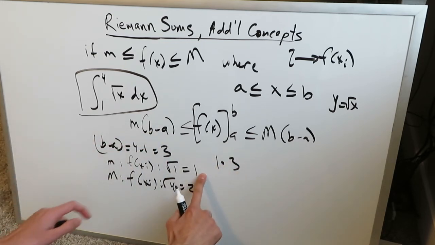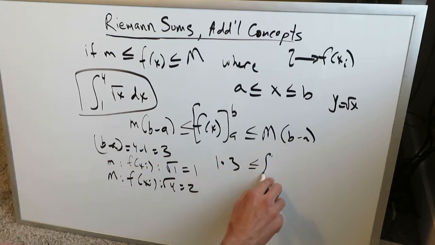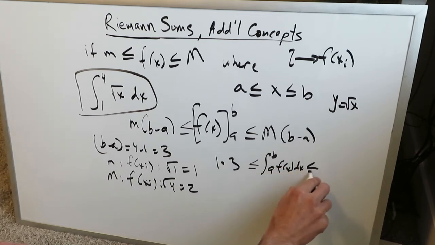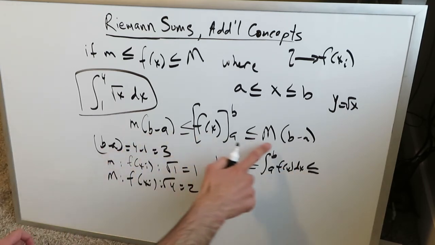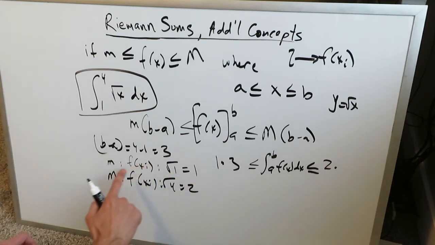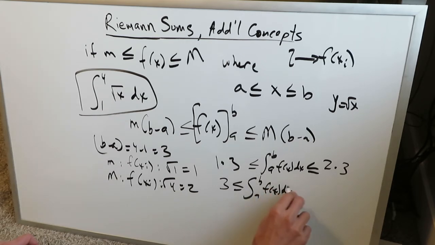This is your lowercase m times b minus a, 1 times 3, less than or equal to the integral from a to b of f of x dx, but no greater than capital M, which is 2, times the interval 3. Now we just have to write it in a better form. 1 times 3 is 3, and our integral of f of x dx is less than or equal to 6. So that right there is our final answer.